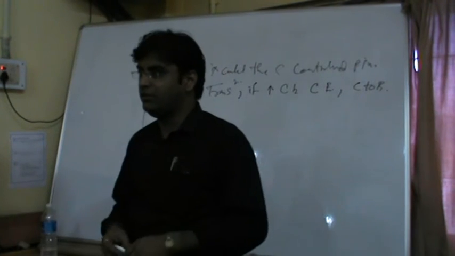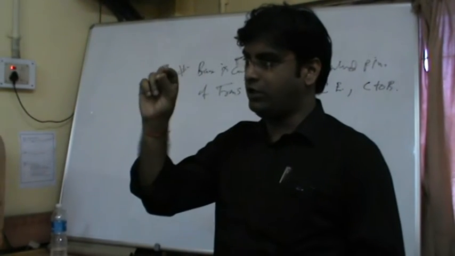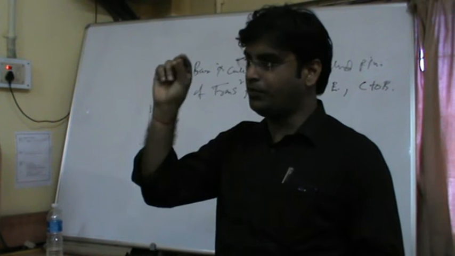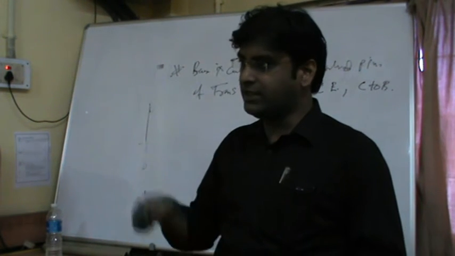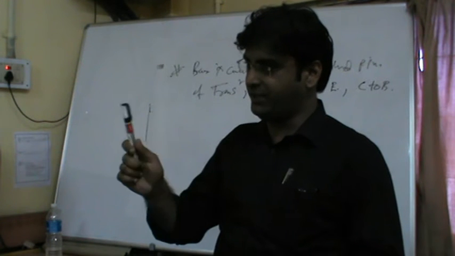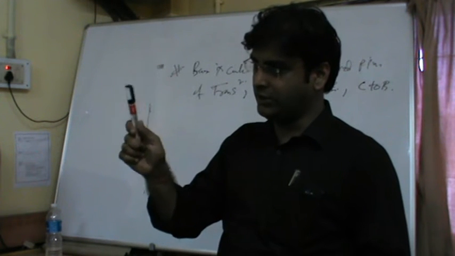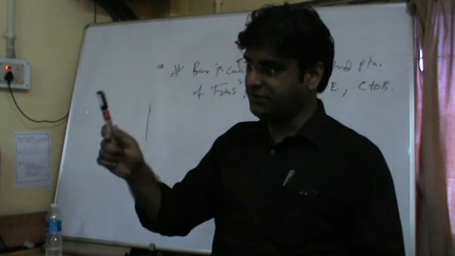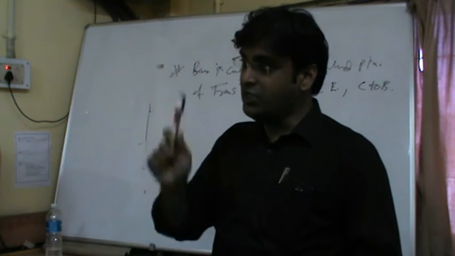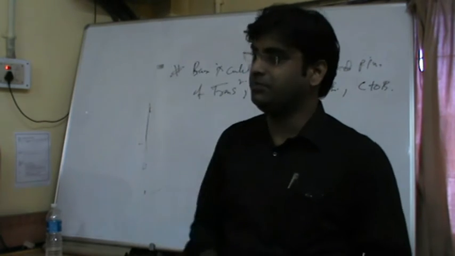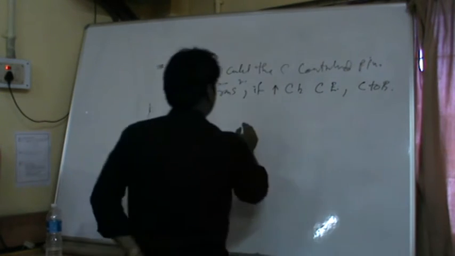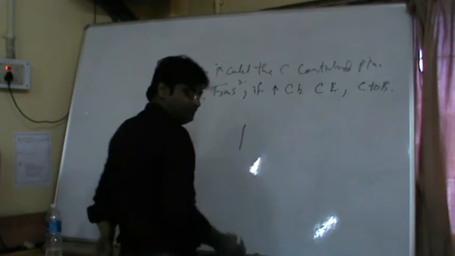What did I say? The base is called the current control pin of the transistor. If I increase the current in the base, then the collector to emitter resistivity decreases, and a huge current flows from collector to emitter.